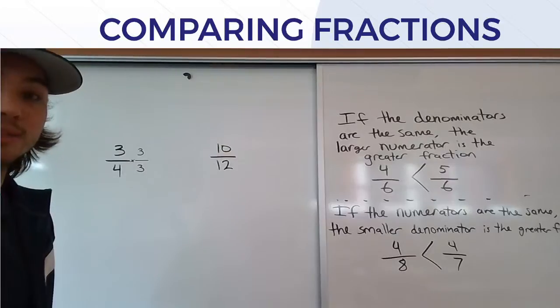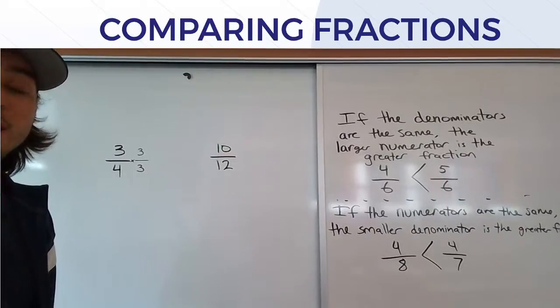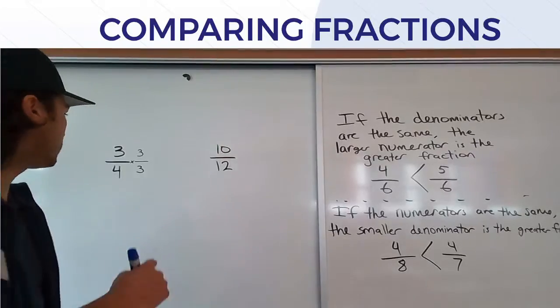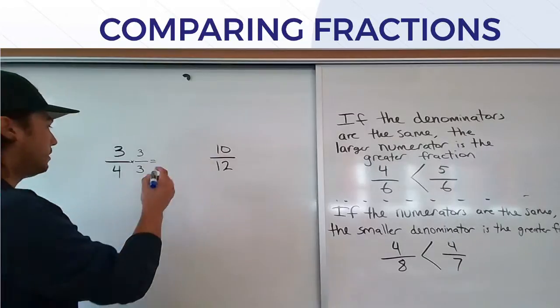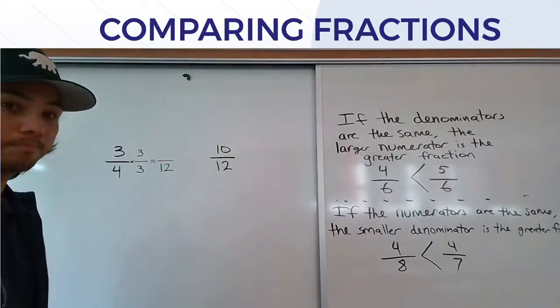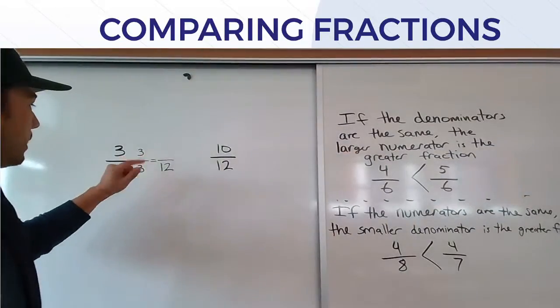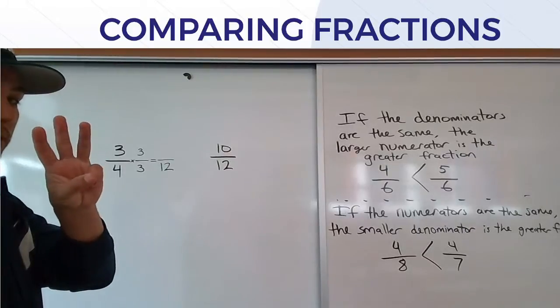I'm not dealing with the same amount of pizza or the same amount of cake or whatever analogy you want to use. So 3/4 times 3/3. That's going to get me my 12ths in the denominator, so I can compare them. And then 3 times 3 is what? 3, 6, 9.